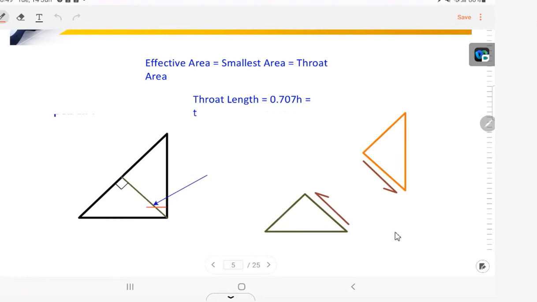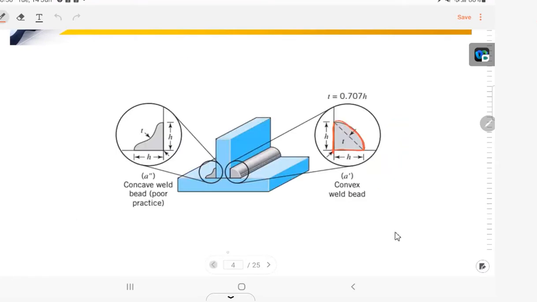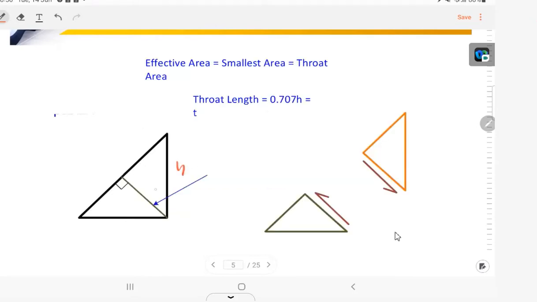Okay, so this one, this one H and this one is T. So this is H, this is H, and this is T. Dan ni kita panggil dia, we call it throat length, T. Okay, this could be failed due to shear.